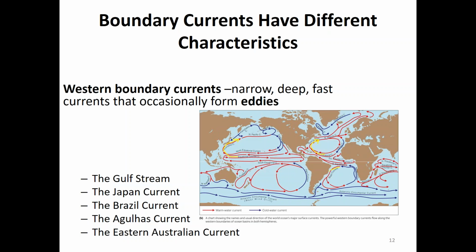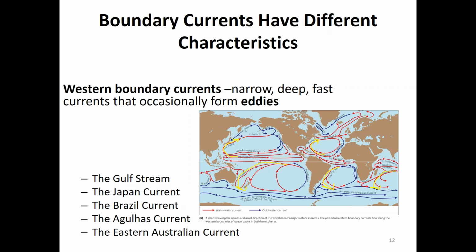So these are all the currents on the western boundaries of these gyres. The Brazil current is the western boundary current of the South Atlantic Gyre. The Agulhas current is the western boundary current of the Indian Ocean Gyre. And the Eastern Australian current is the western boundary current of the South Pacific Gyre.